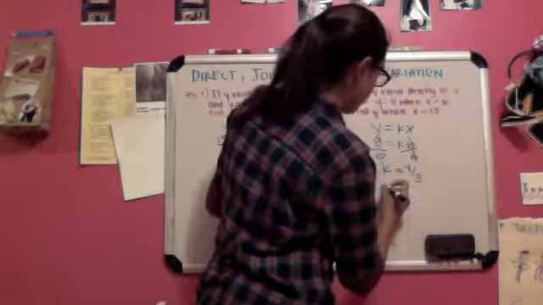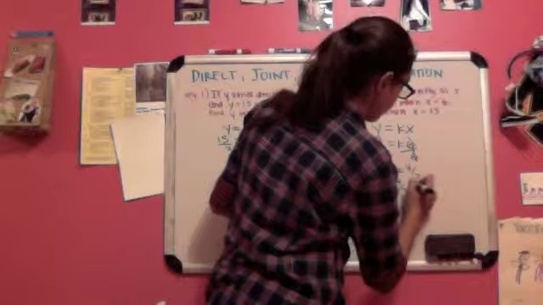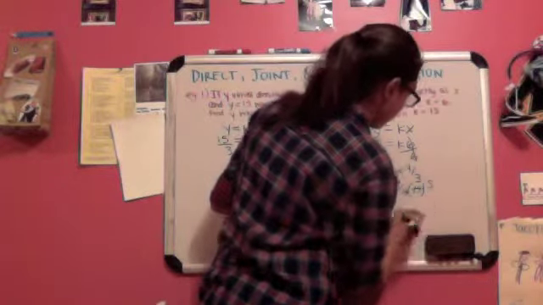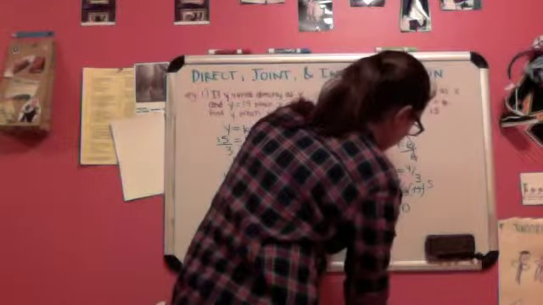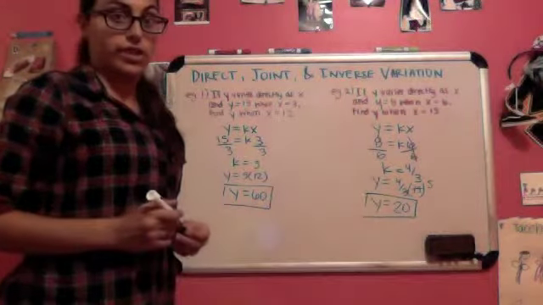Then we write out the equation, y equals 4/3 times 15. The 3 and the 15 cross cancel, so it's 5, and y equals 20, since 4 times 5 equals 20. And those are your examples for direct variation.